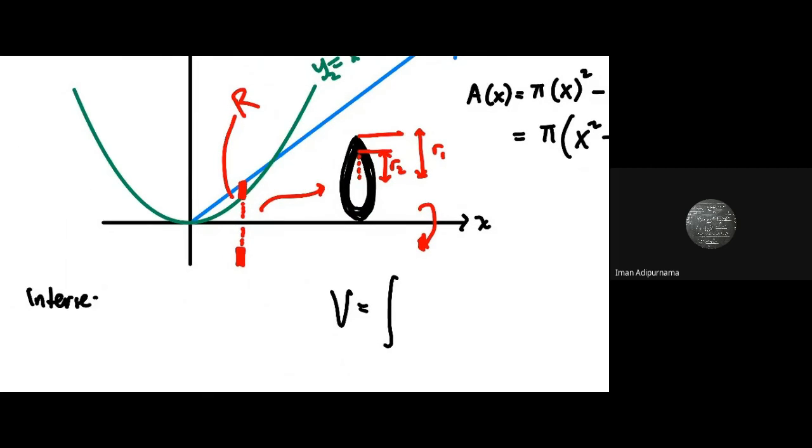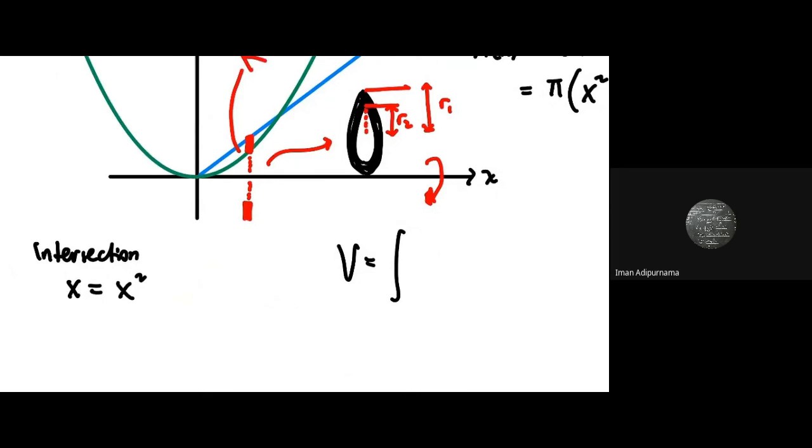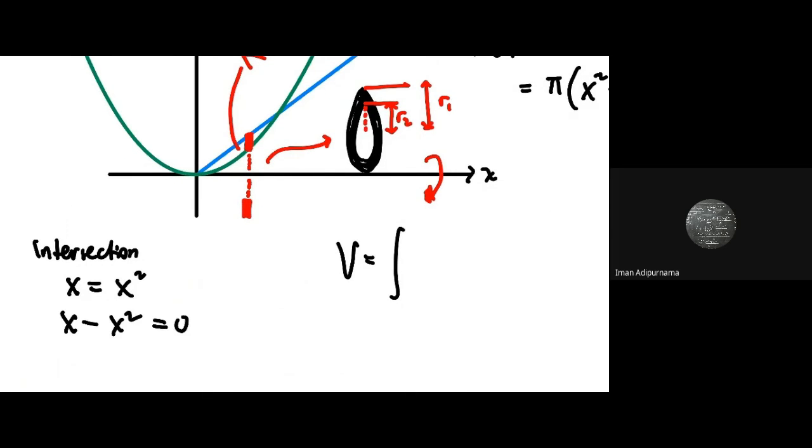Oh, I forgot to mention the intersections. Let me write them. From these equations, we know that the intersections are 0 and 1.